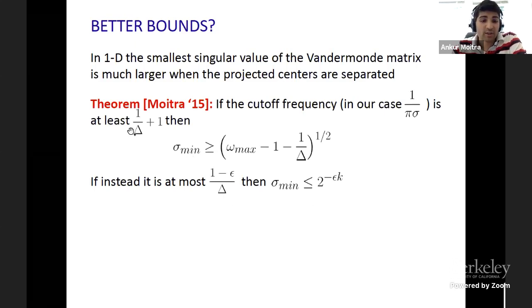Provided you have a separation condition compared to some cutoff frequency, about how many rows you have in this van der Monde matrix, and provided that the cutoff frequency is at least, let's say, 1 over the minimum separation, then you can prove a lower bound on the smallest singular value that's not exponentially small.